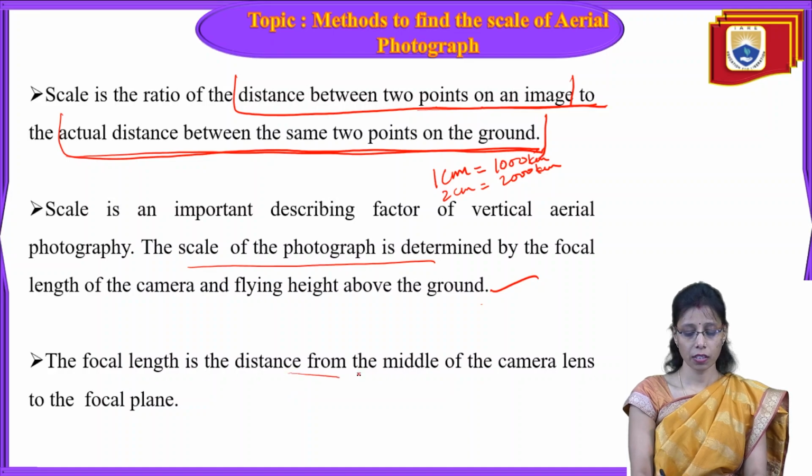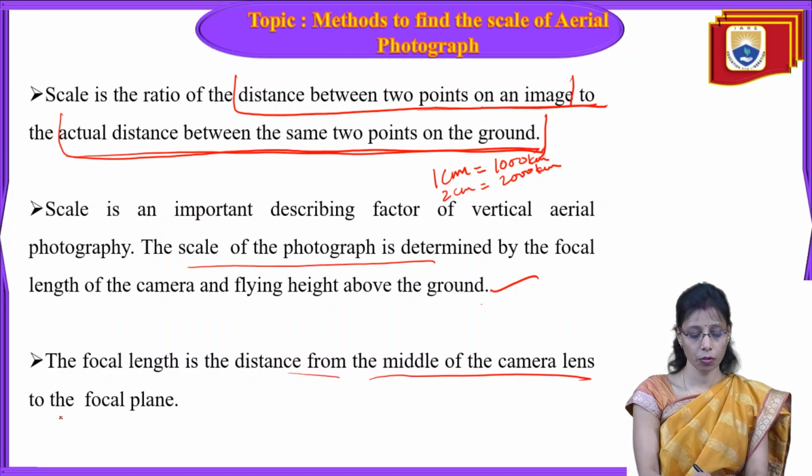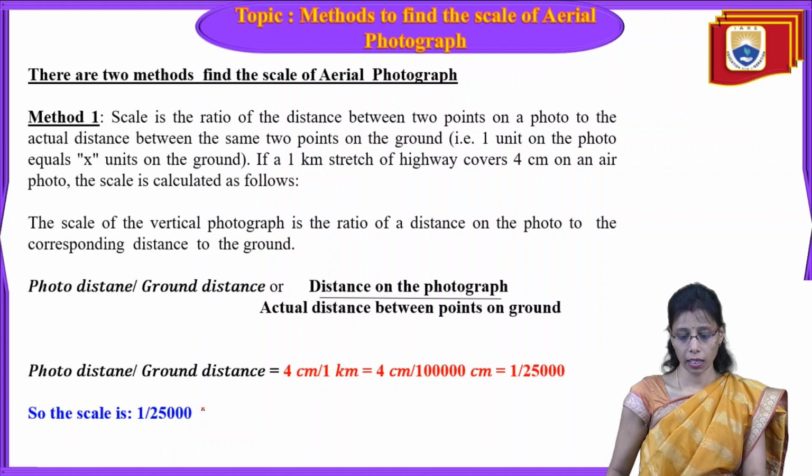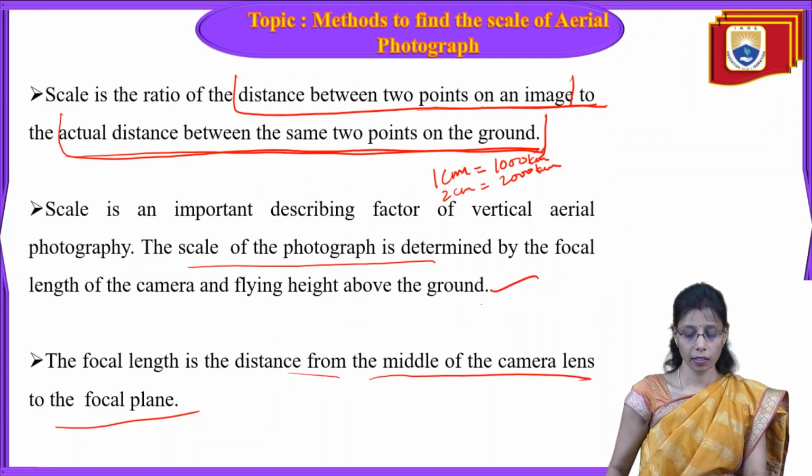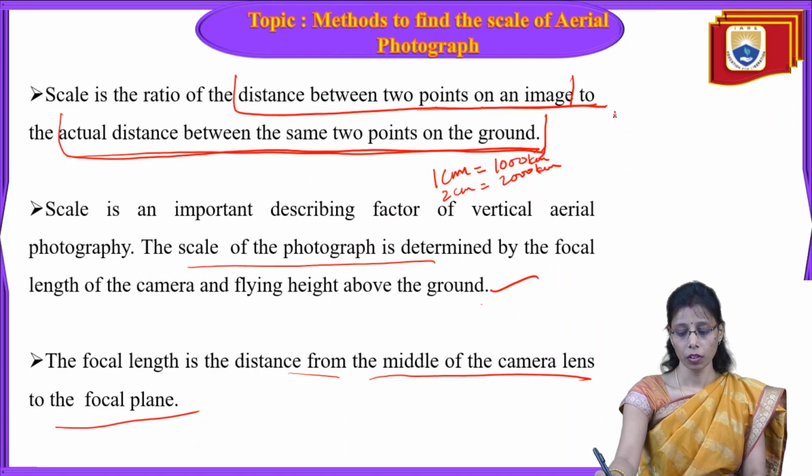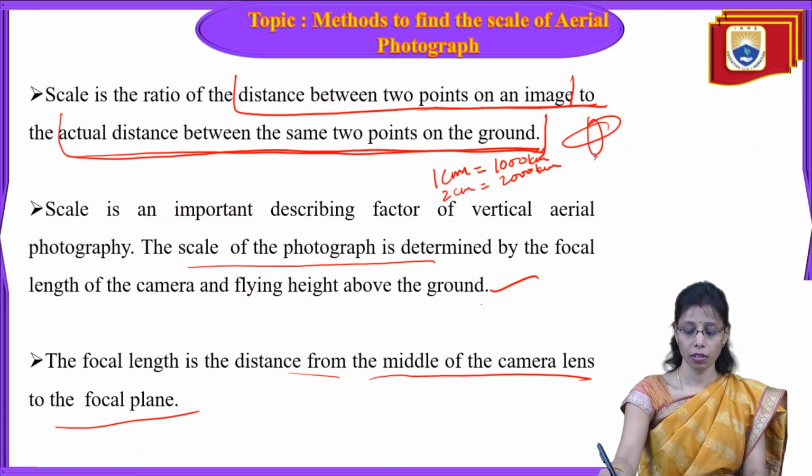Focal length is the distance from the middle of the camera lens to the focal plane. So what is focal length? If here is your exposure station, and you have a focal length from here to here, here will be your camera.